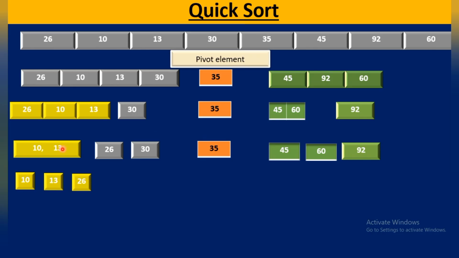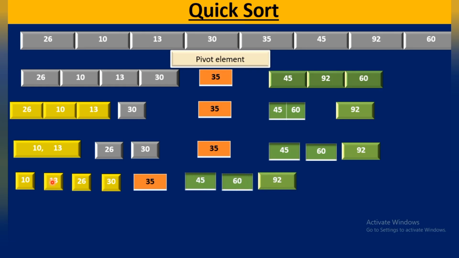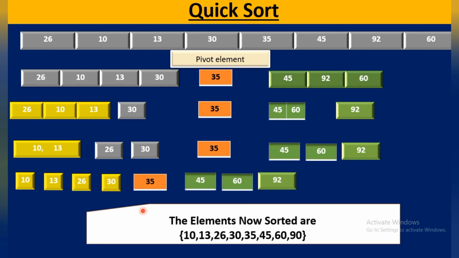Then 26 is placed after it, then 30, 35, 45, 60 and 92. Finally, all the elements are arranged in ascending order. The sorted elements are 10, 13, 26, 30, 35, 45, 60 and 92.